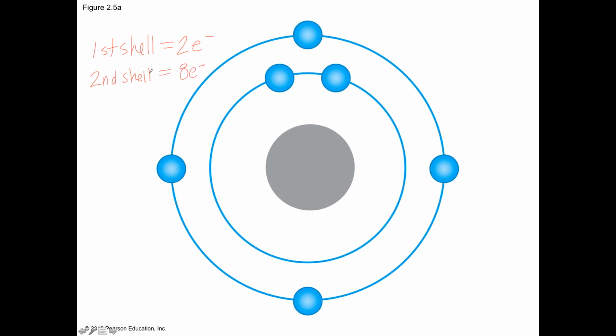Now, we really don't go up in this class much more than that. You'll see a couple, but for the most part, this is the idea. So this first ring holds a maximum of 2 electrons. So there's 1, 2. And then the second ring can hold 8. Now, this one's only holding 1, 2, 3, 4. So this particular atom is carbon.